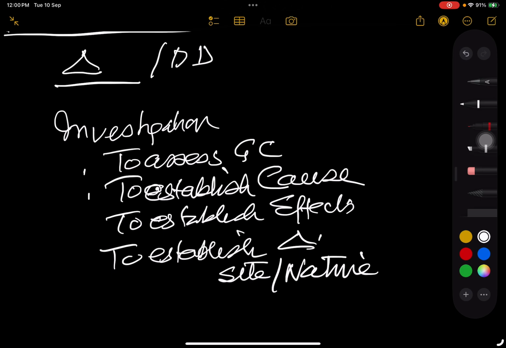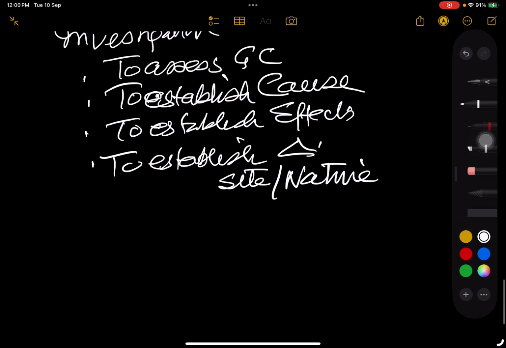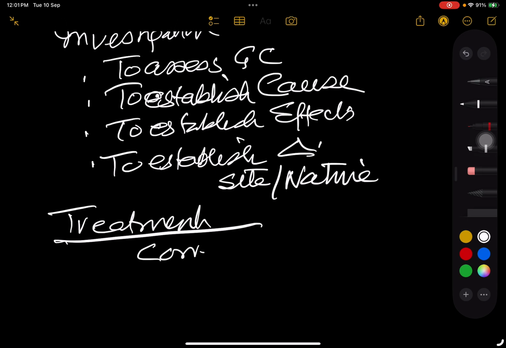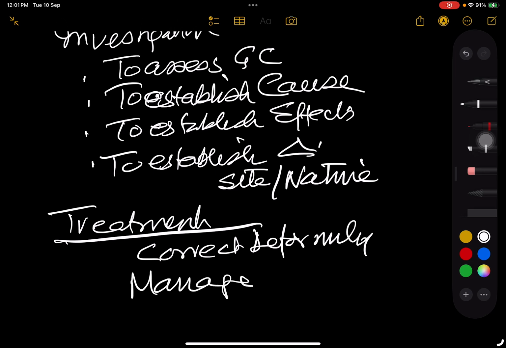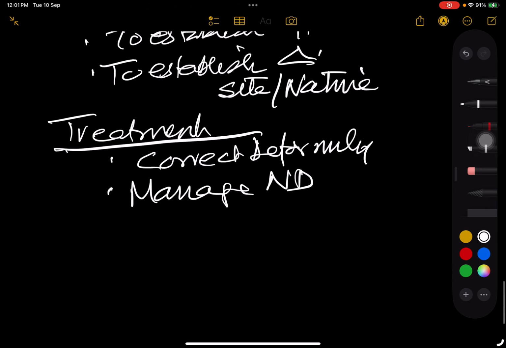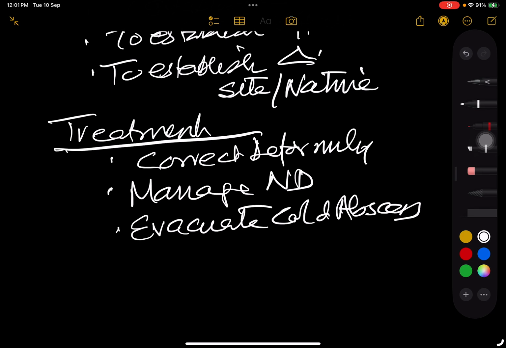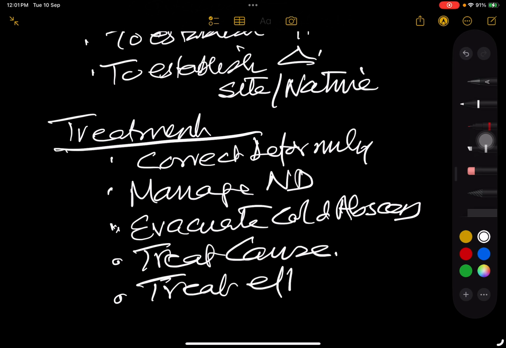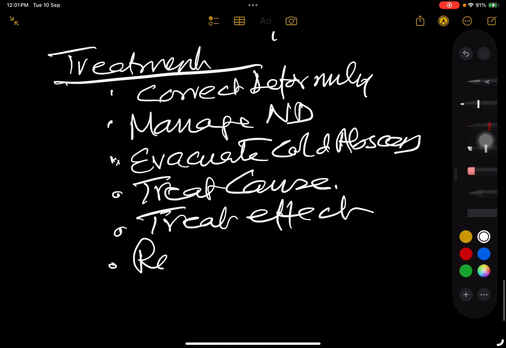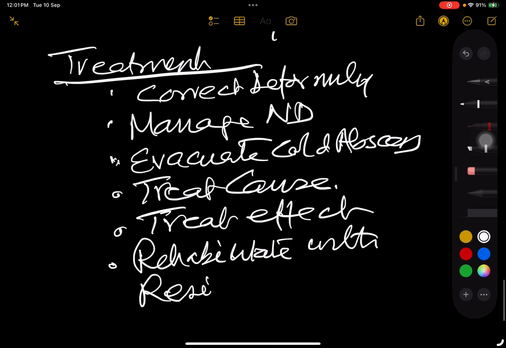So these are the line of investigations that you have to think of and do, and then finally you plan treatment, which is basically to correct deformity, manage neurological deficit, evacuate cold abscess, treat cause, treat effect, and rehabilitate with residual disability.